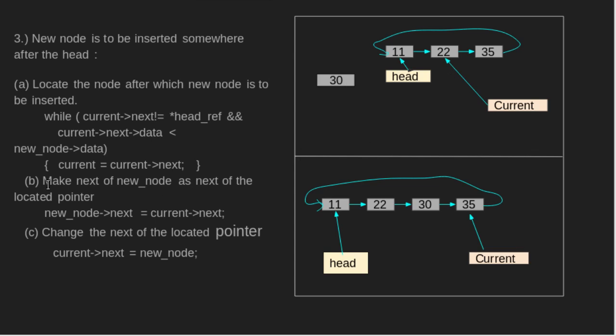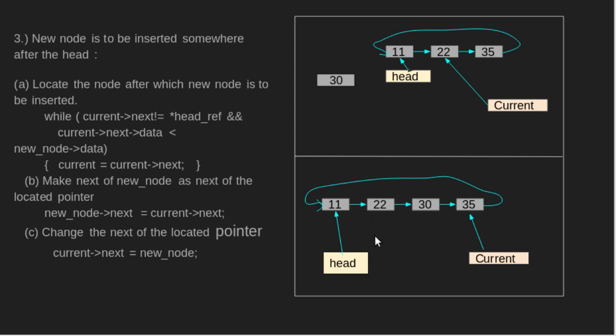Now second, make next of new node as next of the located pointer, that is new node dot next equal current dot next, that is 30 will be pointing to 35. Now change the next of the located pointer to new node, that is current dot next equal new node.